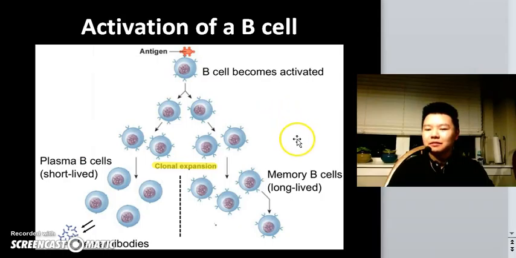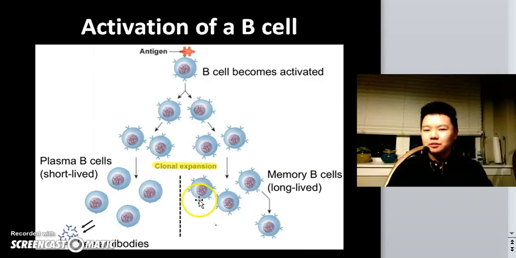However, another class of B cells was produced called memory B cells, and they're long-lived. They're going to stay around in the cell even after this initial infection is over. And they're going to be around even when that same antigen happens to enter the body again. And this is important because when that same antigen enters the body again, now say there are a lot more B cells around to fight that infection.